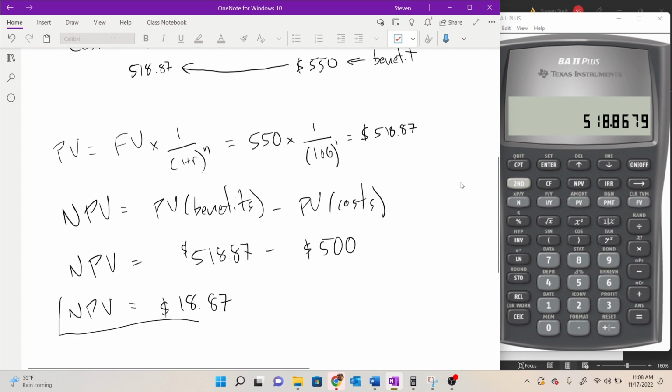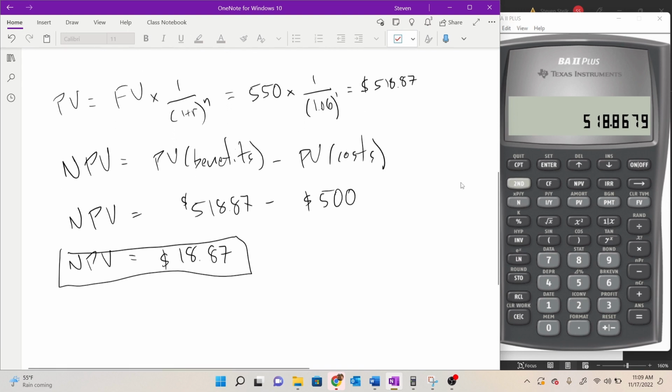All right, so the NPV decision rule is we accept projects that have a net present value greater than 0. So if we come up with any positive number for the net present value, we would take that project. And if we came out with a negative number, that would mean the present value of the cost were higher than the present value of the benefits, and the project is not going to create value. It's actually going to lose value for us, and so we would not accept the project.